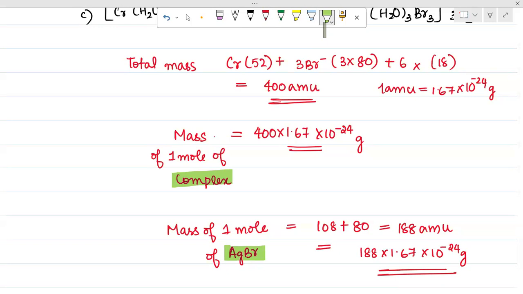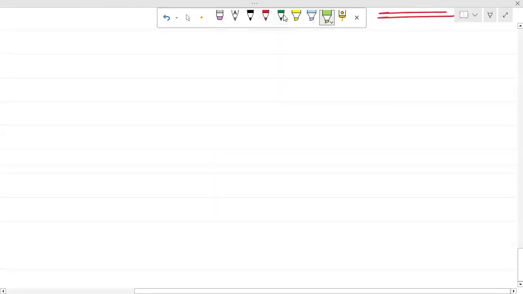Now listen very carefully. When you have 400 into 1.67 into 10 to the power minus 24 grams of the complex, the amount of precipitate that we will get of AgBr is going to be 188 into 1.67 into 10 to the power minus 24 grams of AgBr.